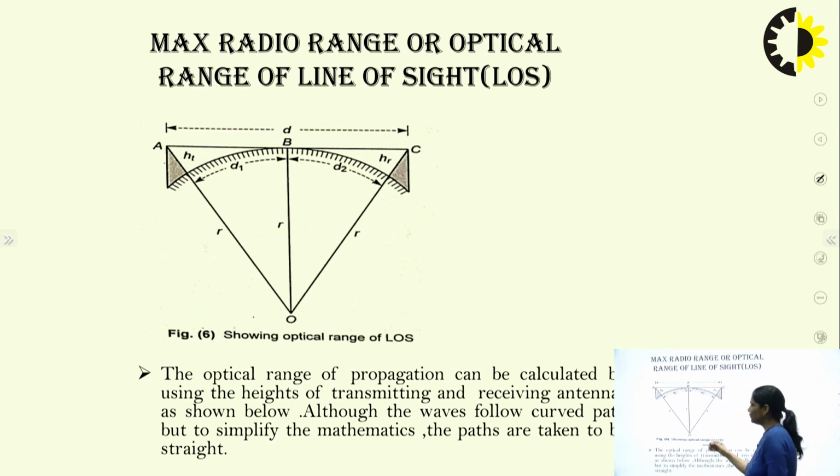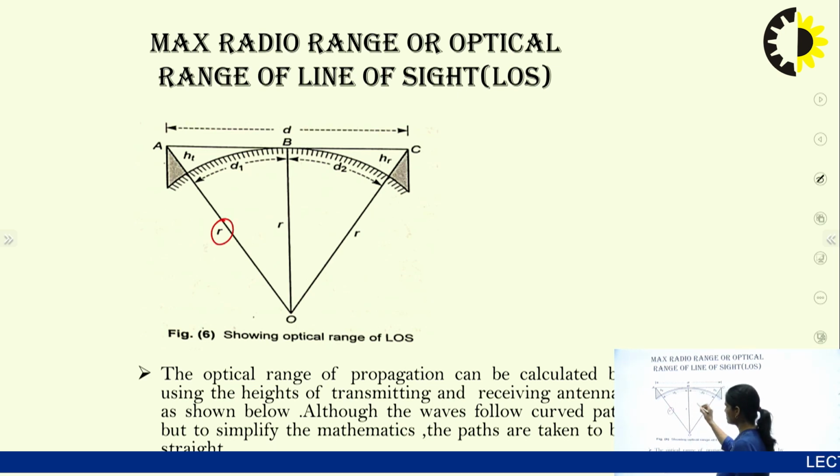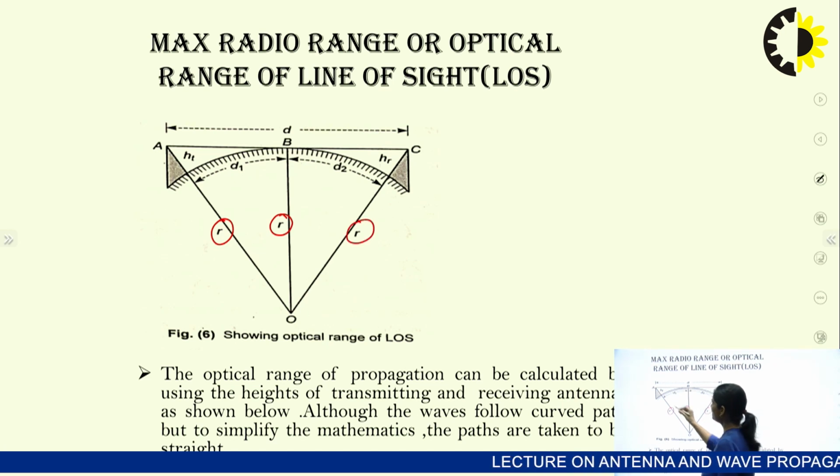Now here you can draw: this is your origin, this is your transmitter, this is your receiver. The height of the transmitter is HT and the receiver height is HR. This is your point O, the origin. This is R, the radius of this figure, and this is also the same.